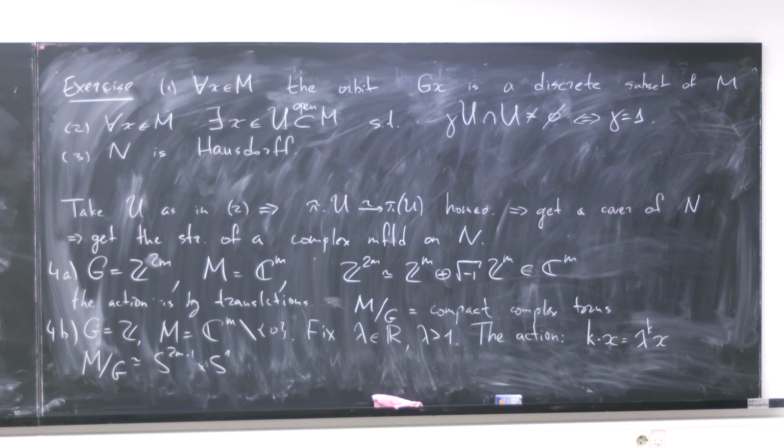For m equal to 2, we get a Hopf surface, and the Hopf surface is a basic example of a manifold which is not Kähler. We will not say too much about these Hopf manifolds. Actually, the higher dimensional Hopf manifolds are also non-Kähler, but it's nice to know an example. So this is always a complex manifold.